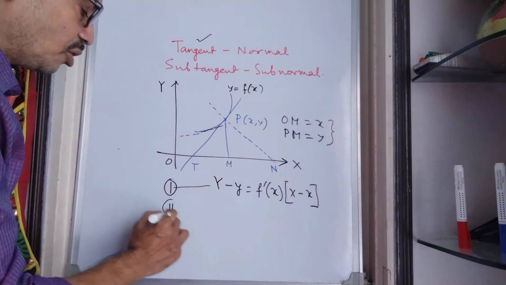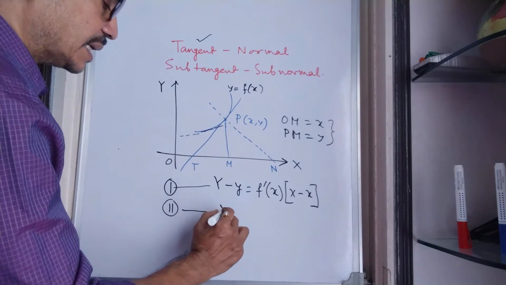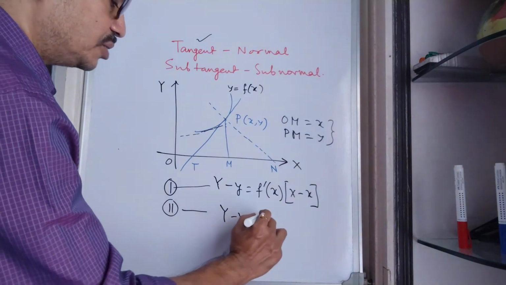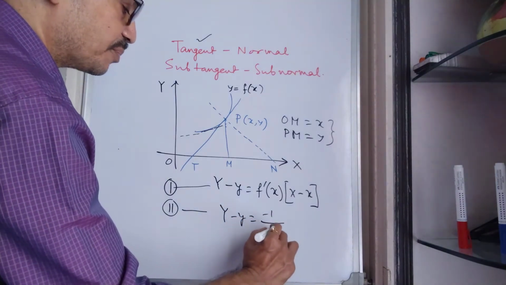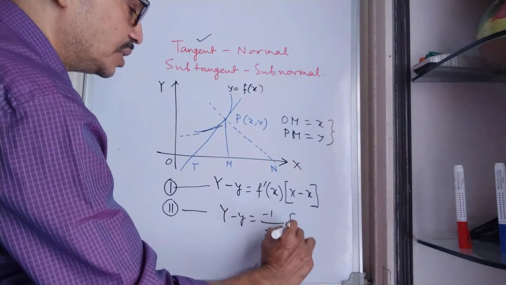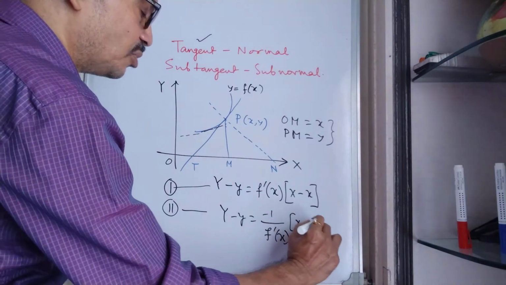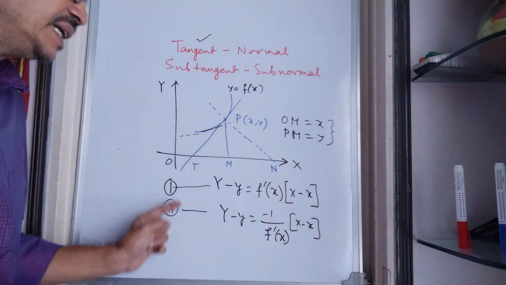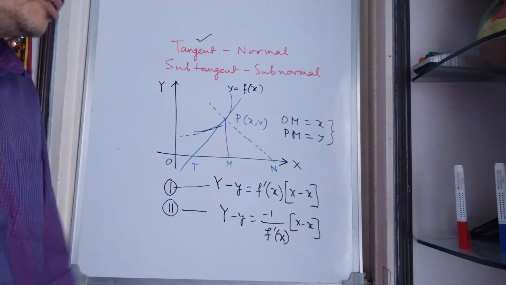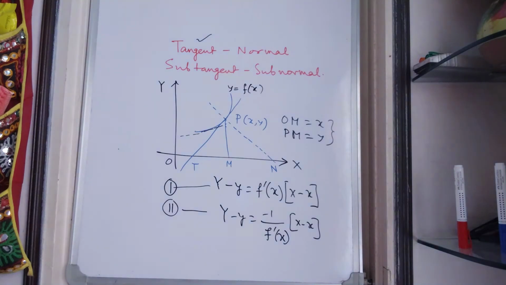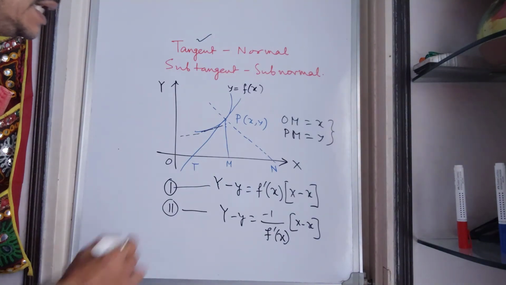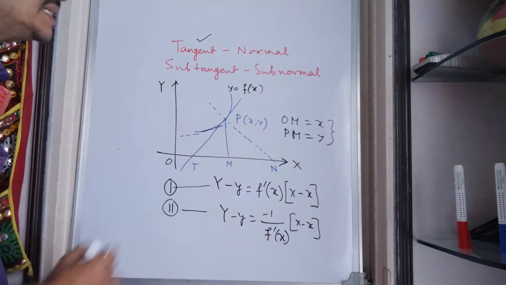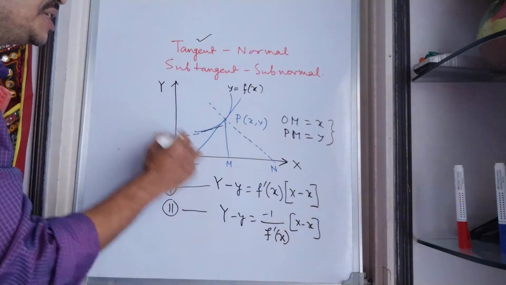Similarly, the normal equation may be written as capital Y minus small y equal to minus 1 upon f prime x into capital X minus small x. So these are the two equations of tangent and normal respectively according to this figure. Now we will find out the length of the tangent, which is actually PT.